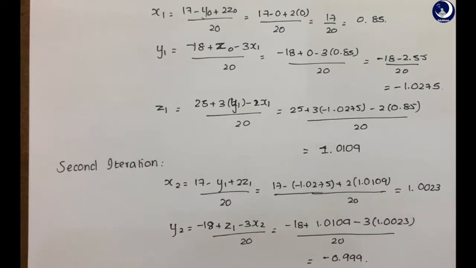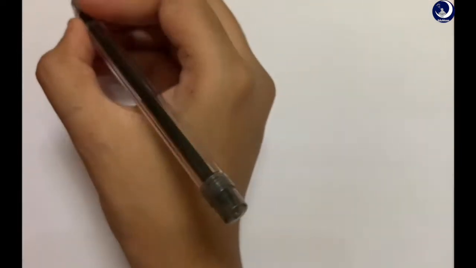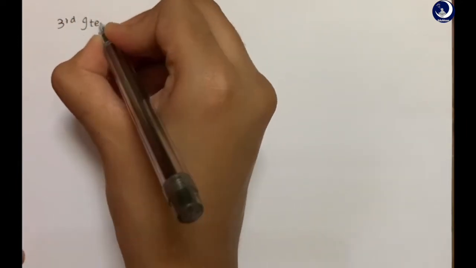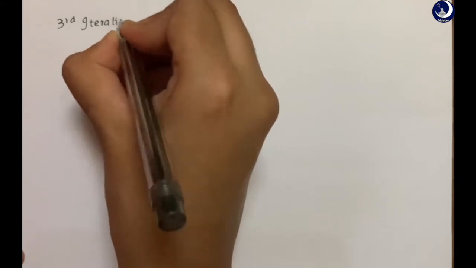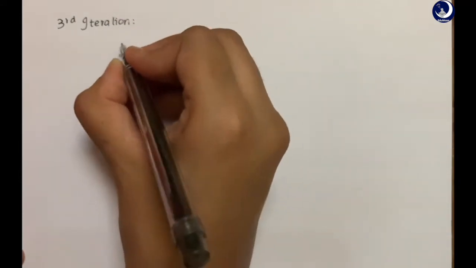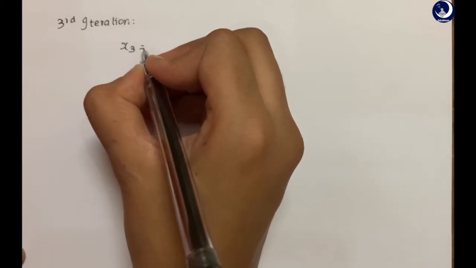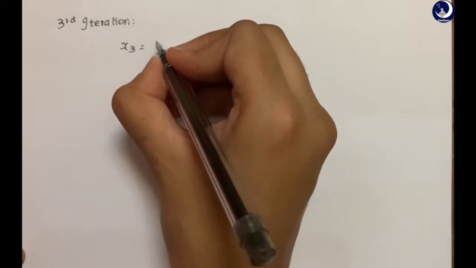Let's find the third iteration now. Third iteration. Let's replace y2 and z2 in the first equation.